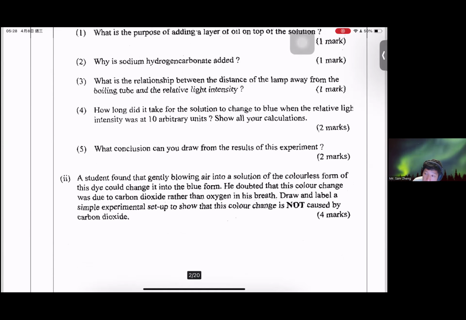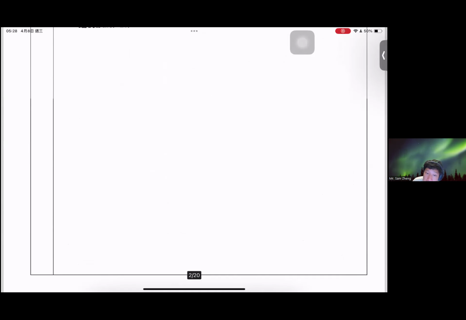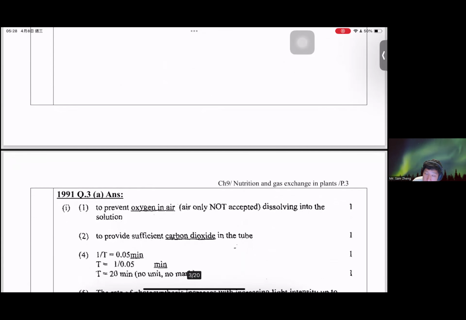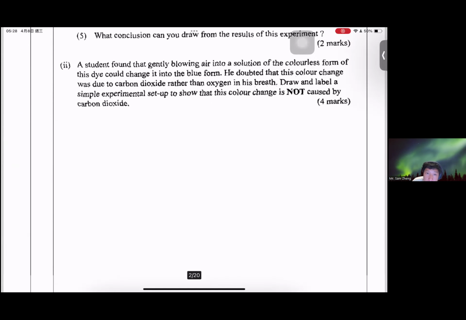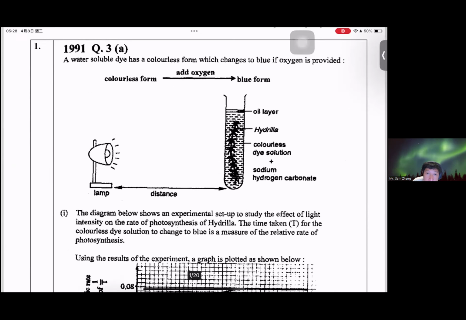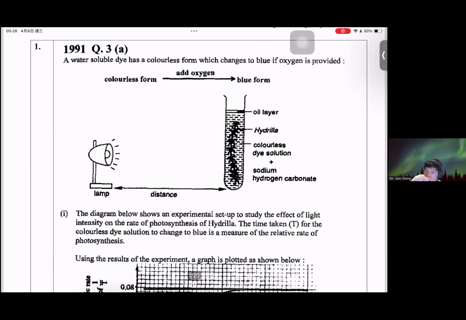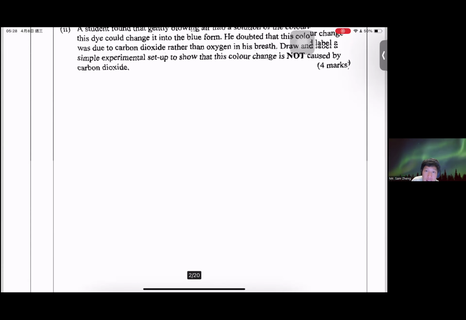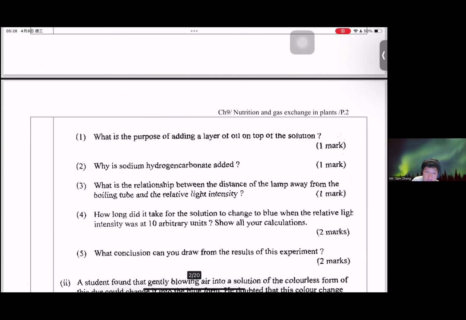What is the thing that we dissolve in the water or that escapes from the water? Yes, we try to prevent the oxygen from dissolving into the water, because it is something that we want to investigate. If the oxygen in the atmosphere keeps dissolving into the water, then this will cause an inaccurate result. So that is the reason why we need to add an oil layer.